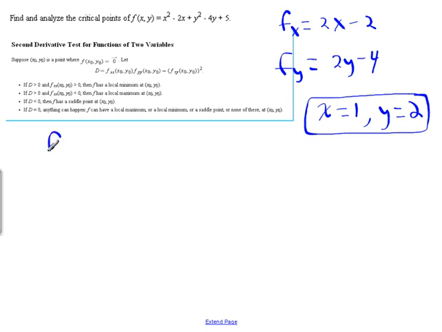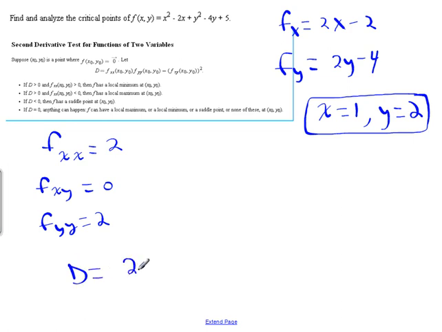So now let's find the second order differentials. So we have 2 for that, 0, and 2. So my d value is 2 times 2 minus 0 squared, which is greater than 0, and f partial x is greater than 0.